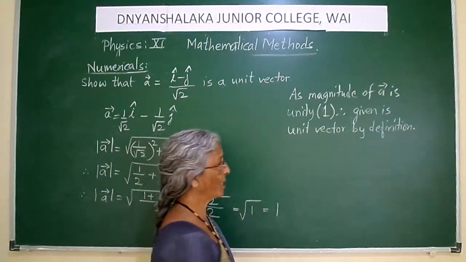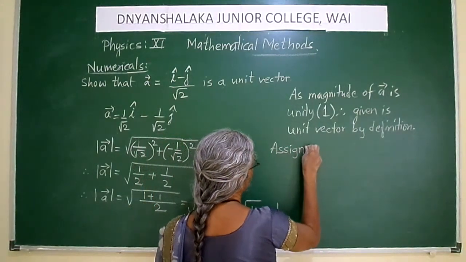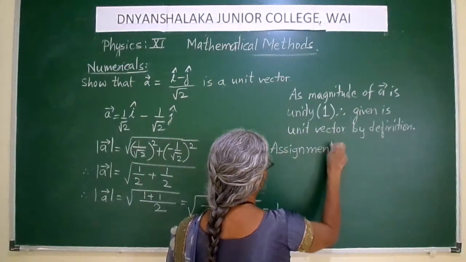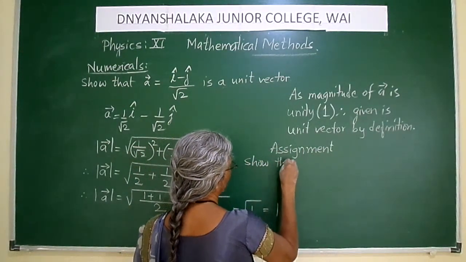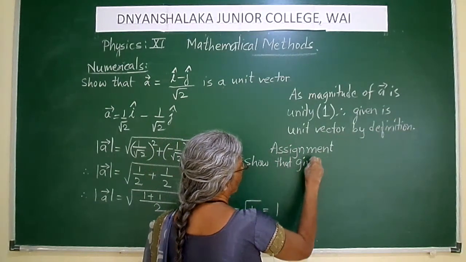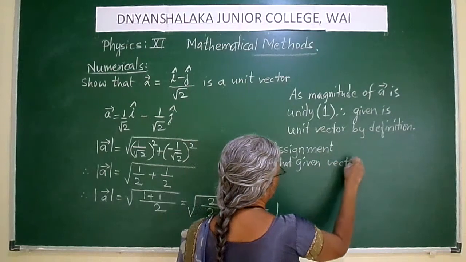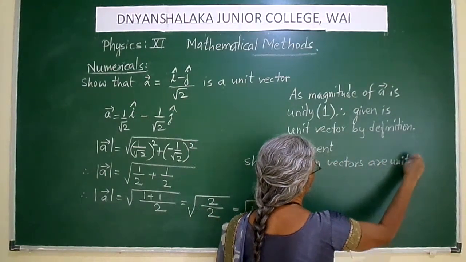Okay, so again an assignment for you based on this. Show that the given vectors are unit vectors.